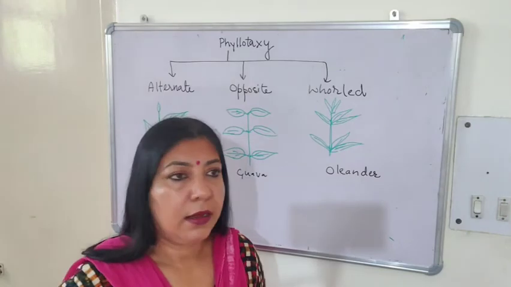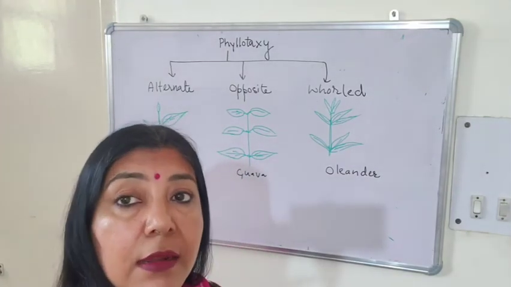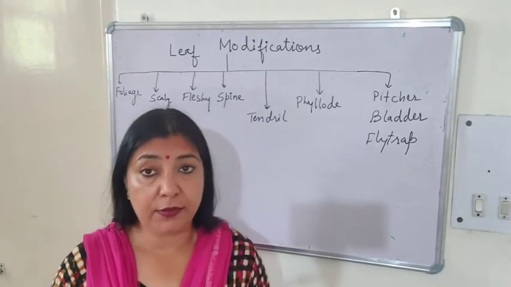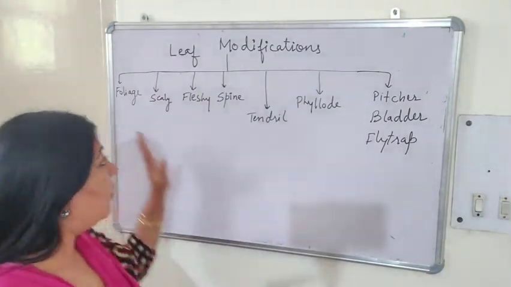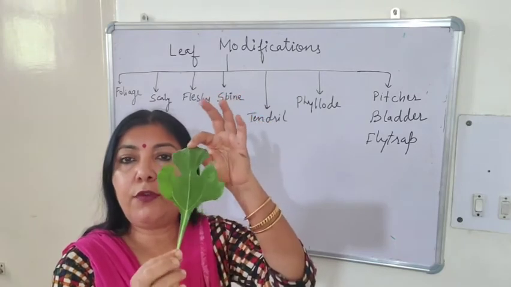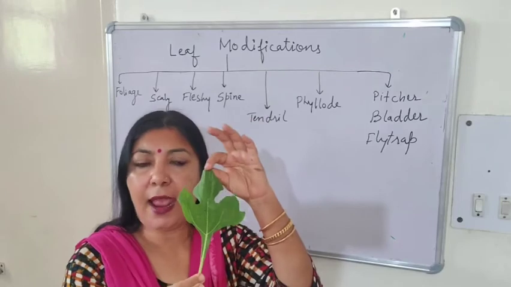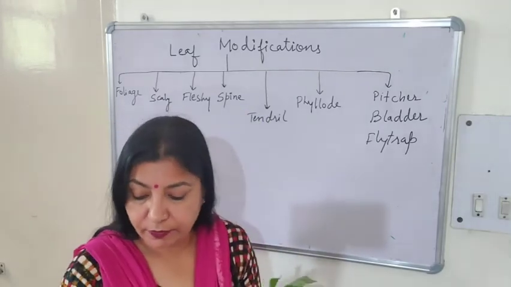After phyllotaxy, now let us study about the different modifications in leaves. I have mentioned various types of modifications in leaf. First is foliage. The green leaves are called foliage leaves. The leaves which are papery, green and performing photosynthesis are called foliage leaves.